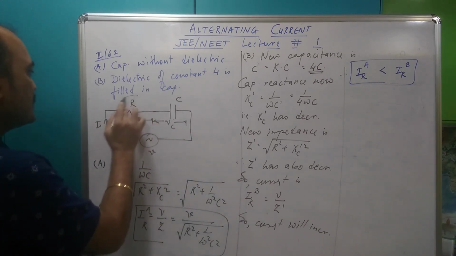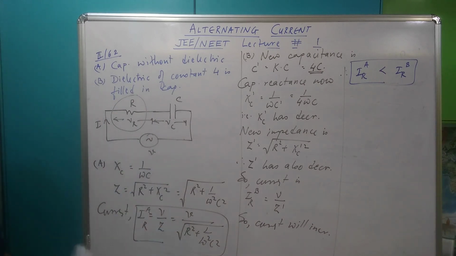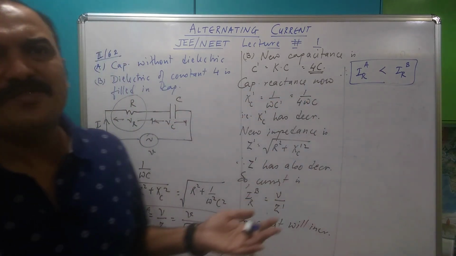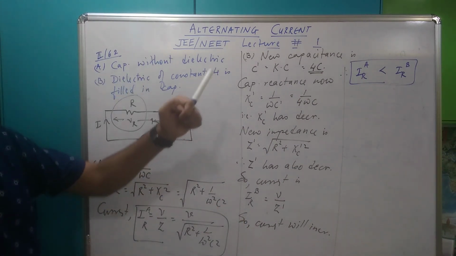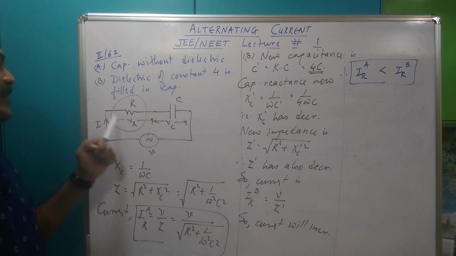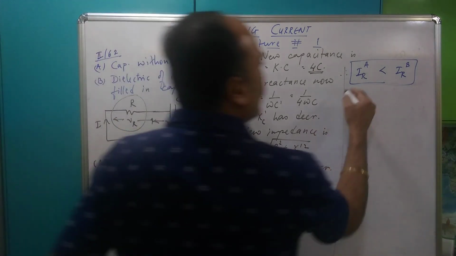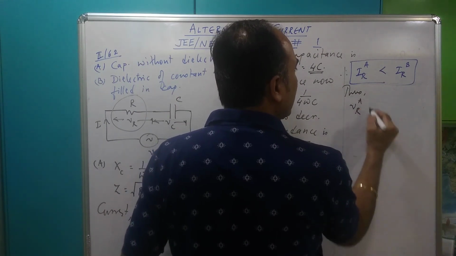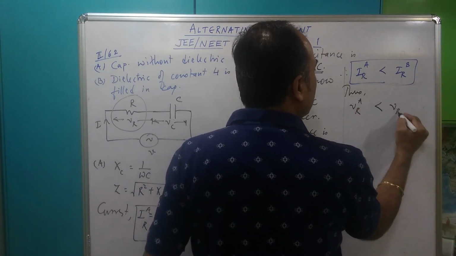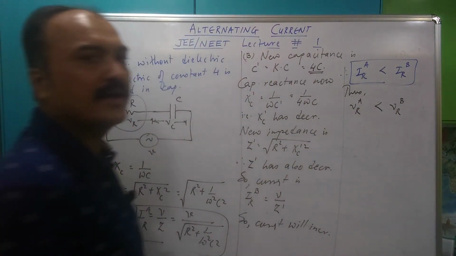Just look at the resistor. If in A, voltage V is IR. If current in A is less than current in B, do you agree voltage in A? So thus, voltage across resistor in A will similarly be less than voltage across resistor in B.